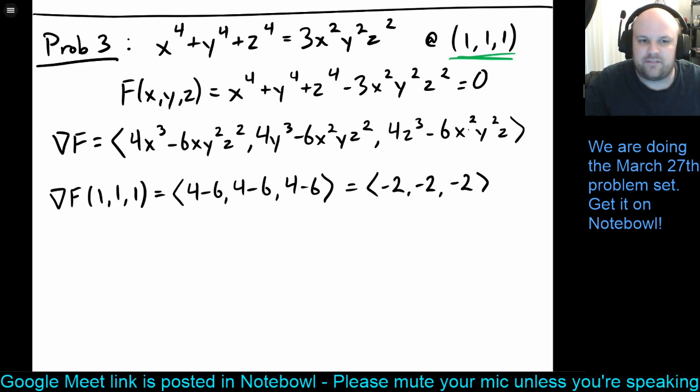The length of that vector doesn't matter. So if you get something with particularly nasty numbers, you can multiply or divide or factor out the bad part of it and just keep the good part. Like here, I could factor out a negative or divide by -2 and just use 1, 1, 1, and that would be fine.